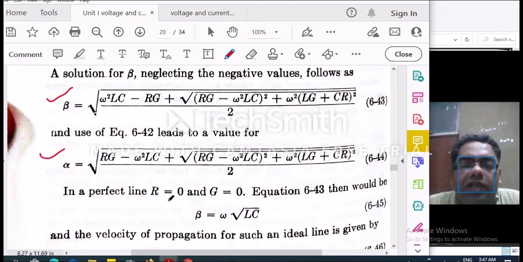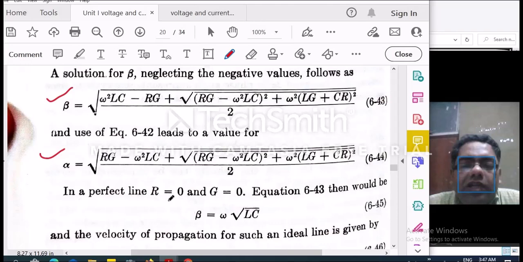Now in this equation, if I put the alpha square value here, I will get the expression for beta. Similarly, once we get beta, we put this beta square here and get the expression for alpha.